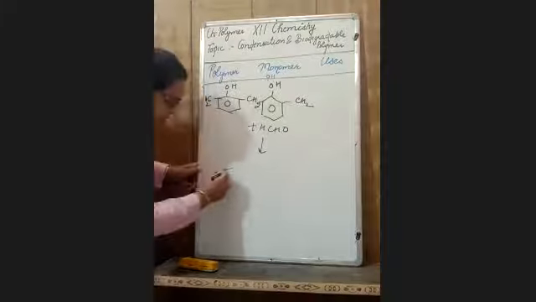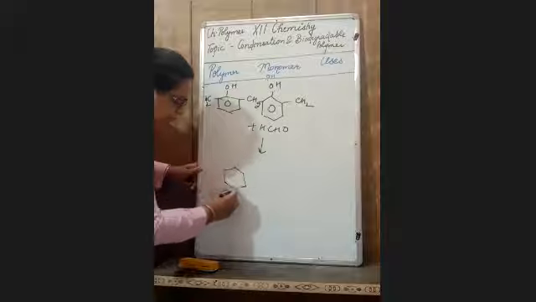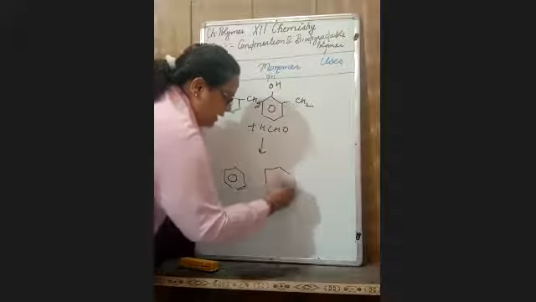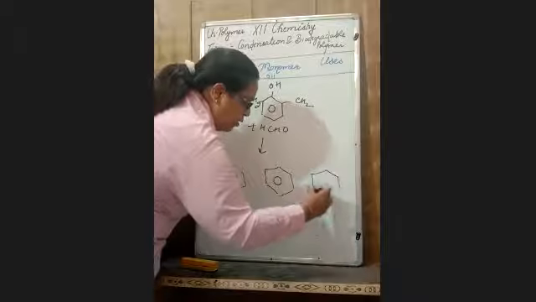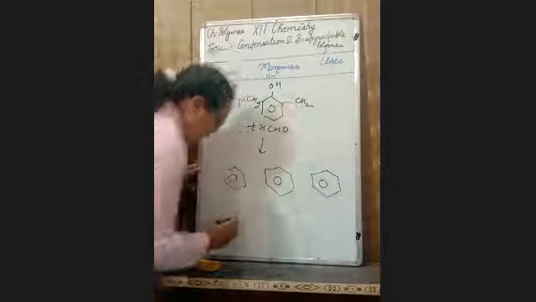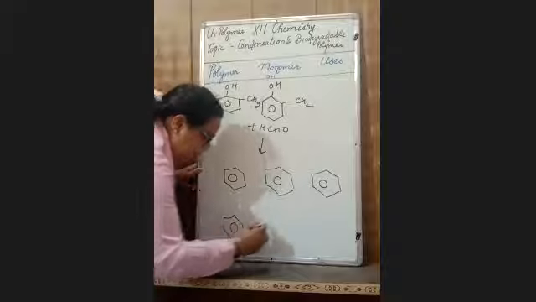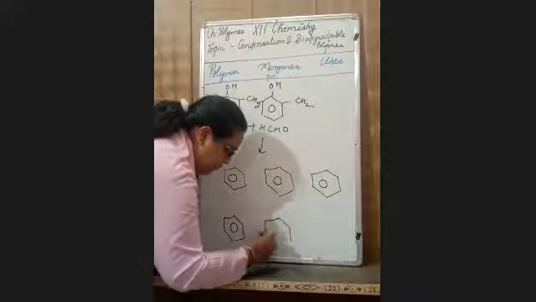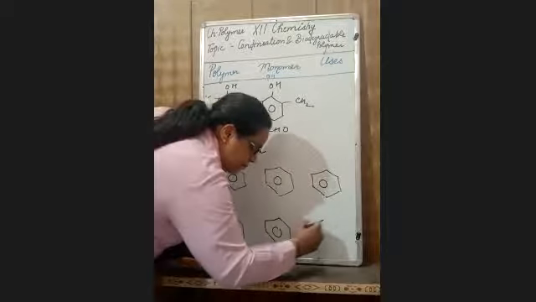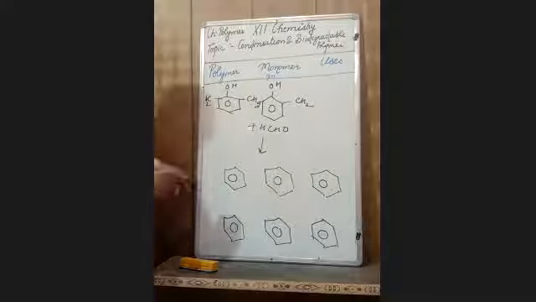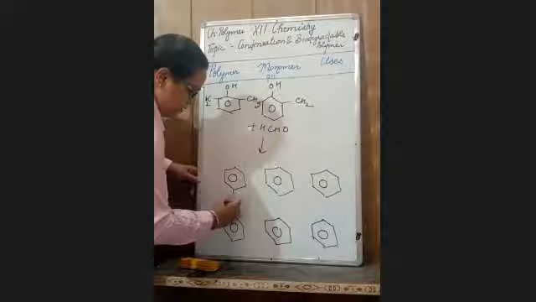Dear students, just first make benzene rings opposite to each other. It will be easier for you to draw. First make all these rings. Now in between put CH2.